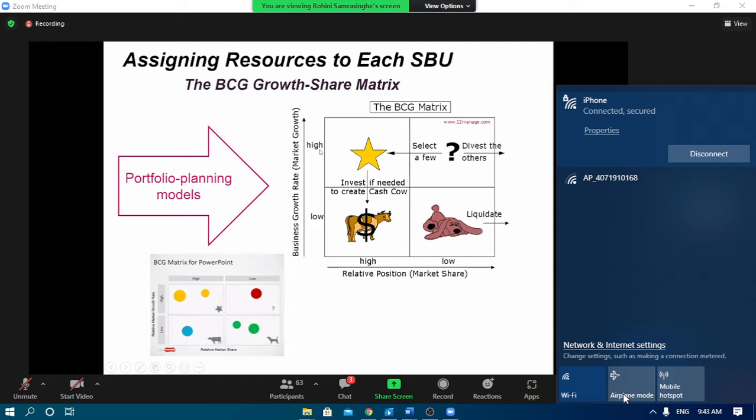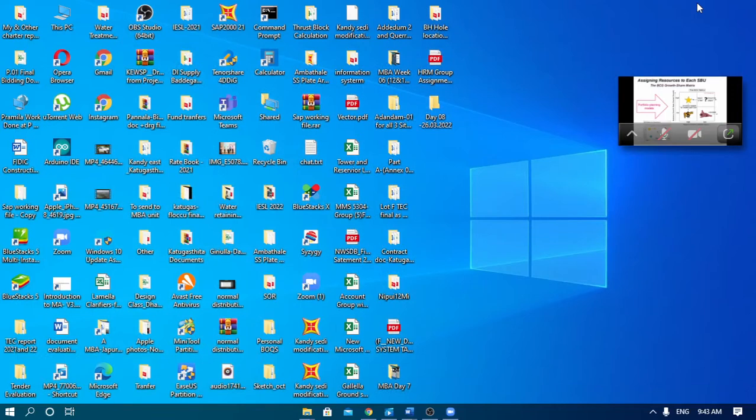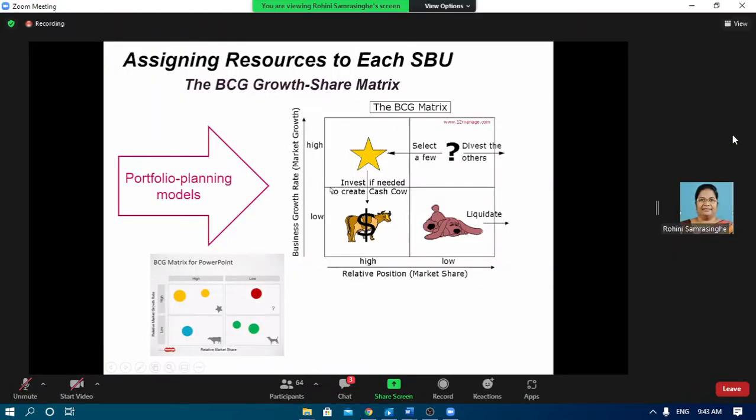It is concerned with only 2 aspects: relative market position or relative market share, and the business growth rate. Considering that, there are 4 strategies we introduced: build or develop, then the second one, they can harvest, they can divest, they can maintain. So there are different strategies we can apply relating to BCG matrix analysis.